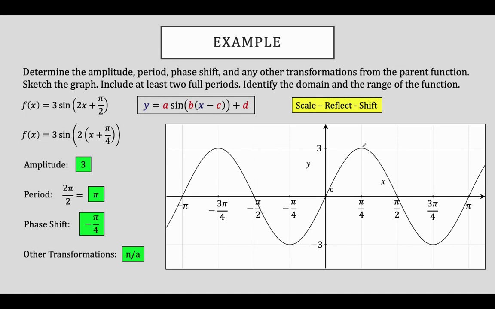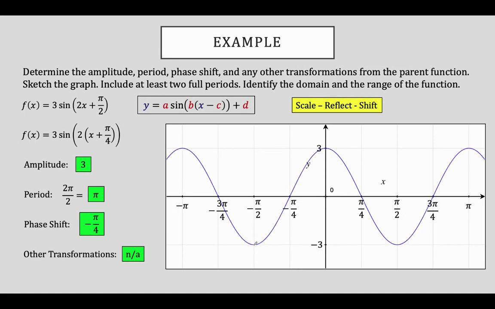And that means that this maximum, that's at pi over 4, is going to move here, right? This midline crossing is going to move to the left pi over 4. This minimum is going to move to the left pi over 4 units. Every single point on our graph is moving to the left pi over 4 units, giving us our final graph of our sine function f of x.